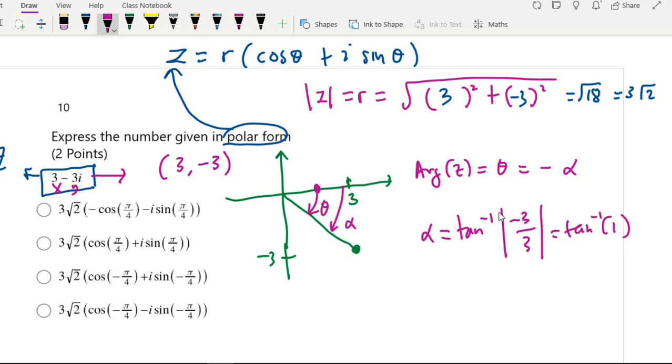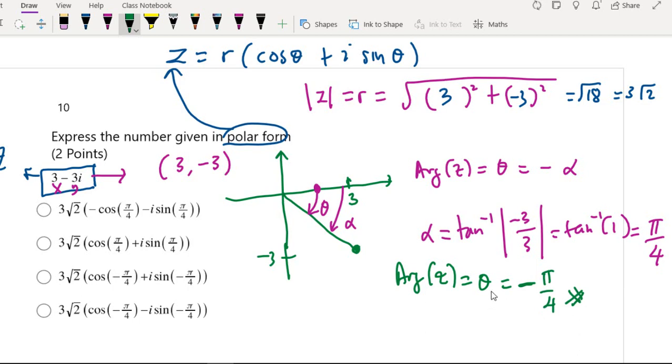Make sure you change the negative value to positive before you find tan inverse. So the answer is pi over 4 in radian mode. And it implies that the argument of z, or theta, is equal to negative pi over 4.